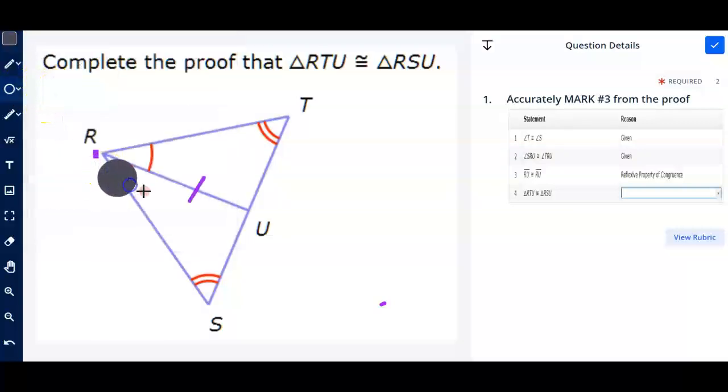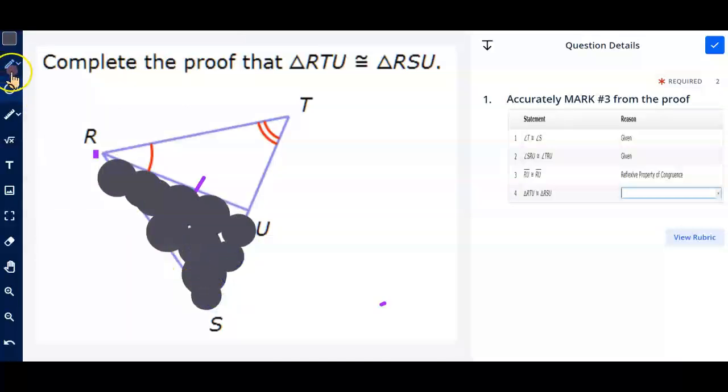So when we're trying to analyze our triangle, we want to look at just one of the 2 triangles. Looking at this triangle, how many angle pairs do we know? Okay, 2 angle pairs. How many side pairs do we know? 1. All right.